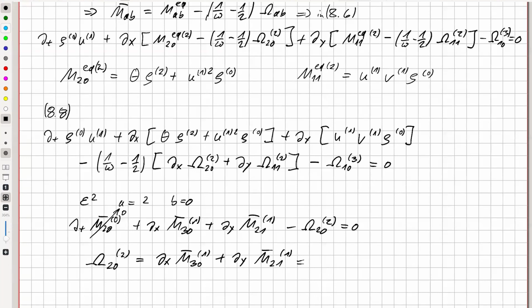This is equal to dx m30 equilibrium to first order plus dy m21, not this over bar, just equilibrium to first order. Can anybody explain to me why this is equal to the equilibrium now? So what is non-equilibrium?